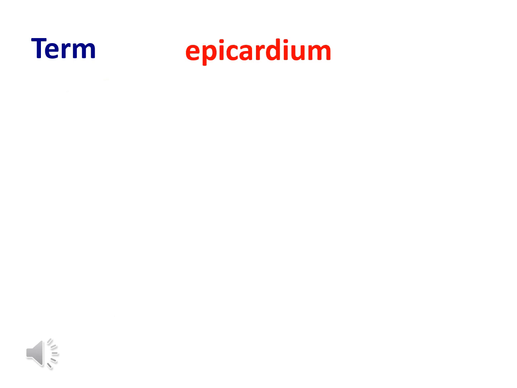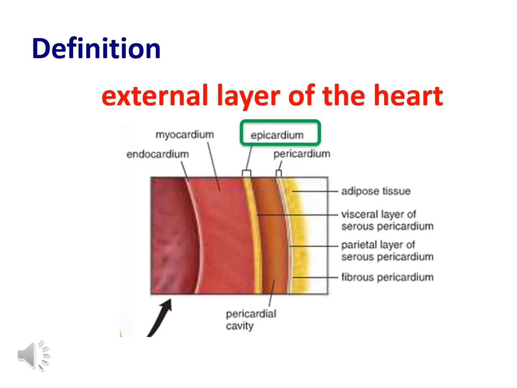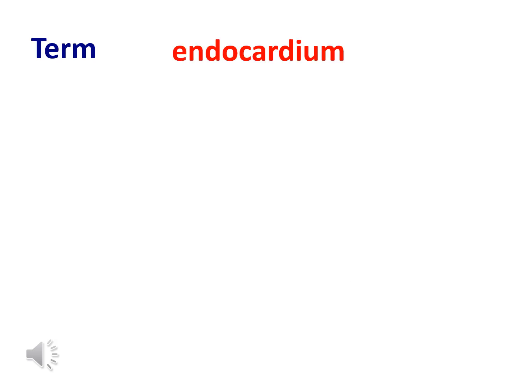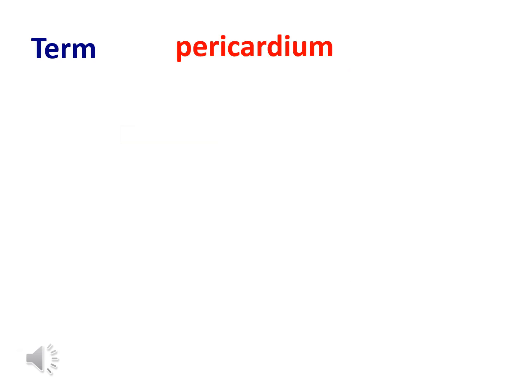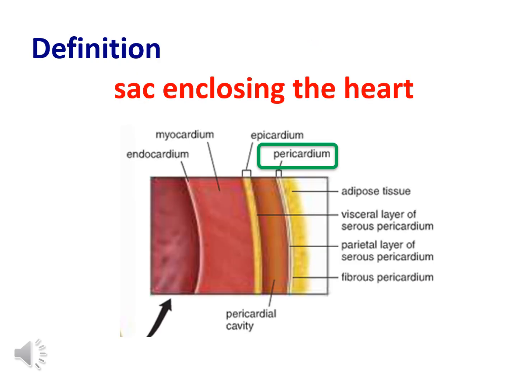What about epicardium? What does it mean? Epicardium is an external layer of the heart. What does endocardium mean? It's the inner lining of the heart. Pericardium is? Pericardium is the sac enclosing the heart.